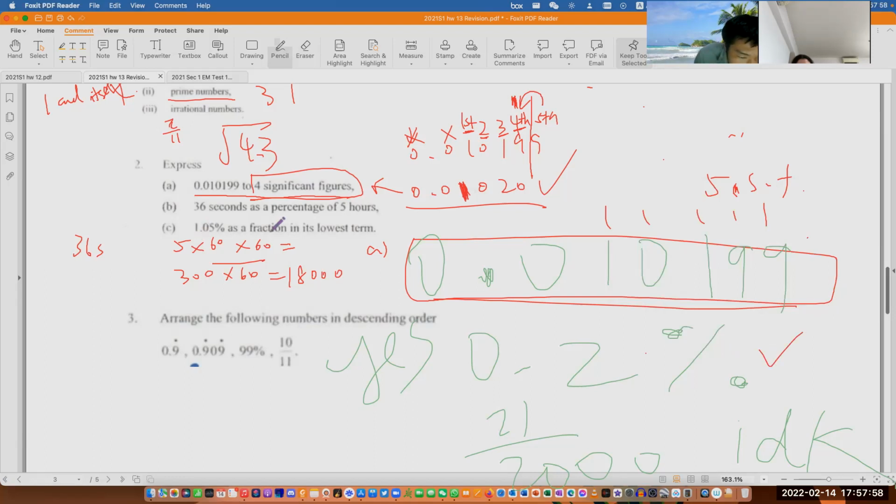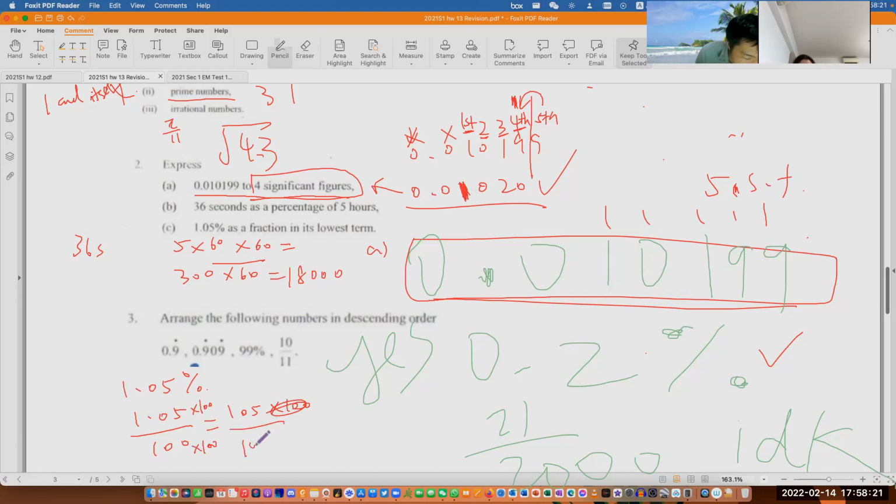Next, last, as a fraction in its lowest terms. So 1.05%. How do you get it to a fraction? You divide by 100, then after that, you times 100 here, and you times 100 below.